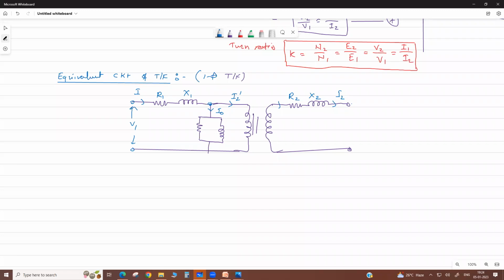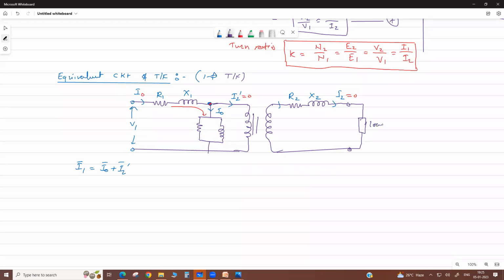At this node, if you apply Kirchhoff's current law, the incoming current I1 is the sum of I0 plus I2 dash. It is a vector sum, because they have different phase angles. But at no load, this is 0, it means the transformer draws only the no load current, I0, as we put the load here.